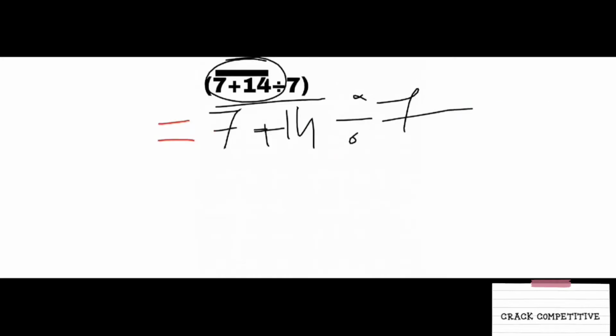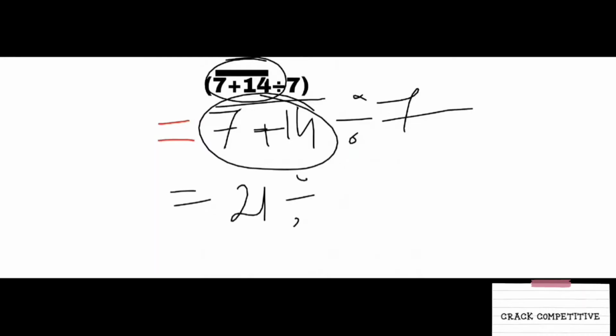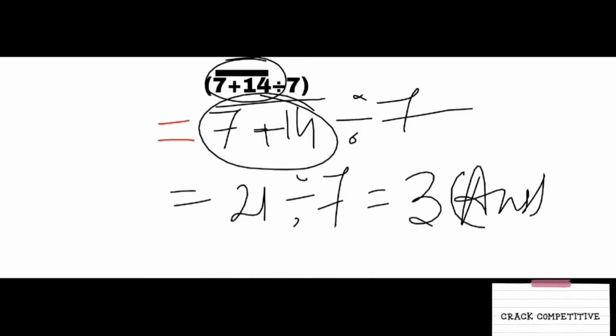So first you have to solve this part. 14 plus 7, what is that? 21 divided by 7. 3 is the right answer. If you answer it as 9, you get 0. Your marks will be 0. And if it comes in the PSC exam, you will get minus 0.25 also. The answer is 3. Okay, you have to remember this.